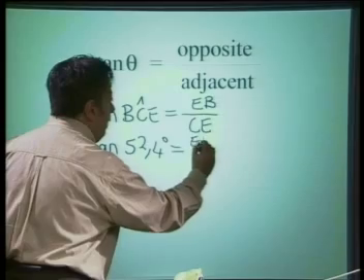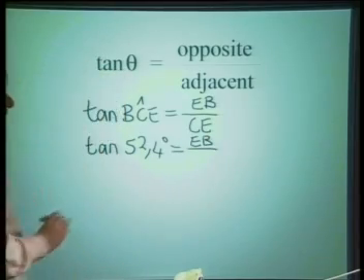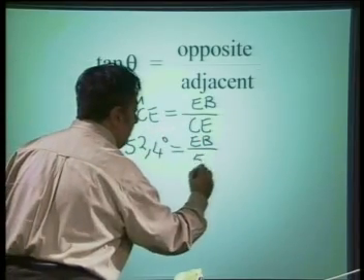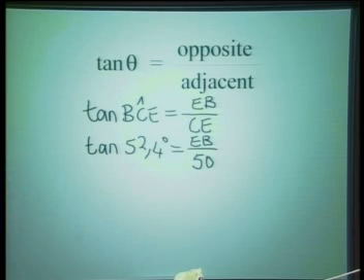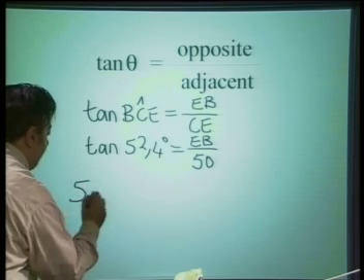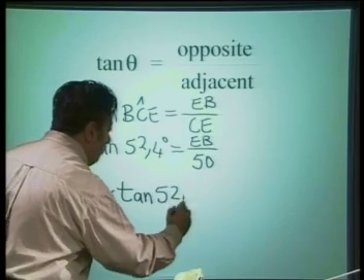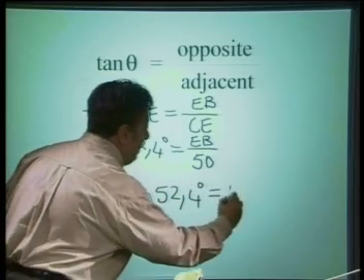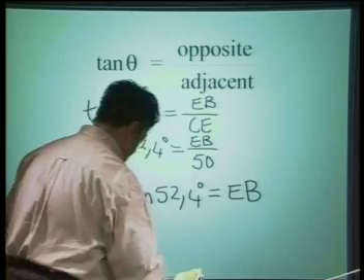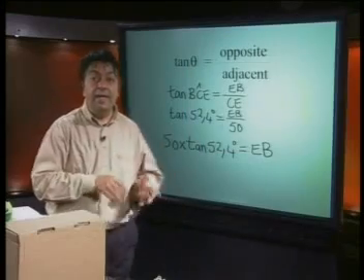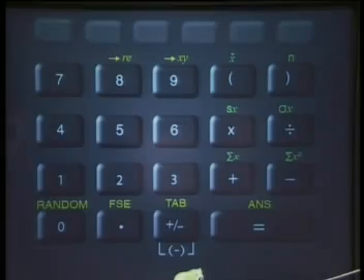We are looking for the opposite side EB. We know the length of the adjacent side CE is 50 meters. Now we want EB alone. So I'm going to multiply both sides by 50. So then I get 50 times tan 52,4 degrees is equal to EB. Let's go to our calculators.